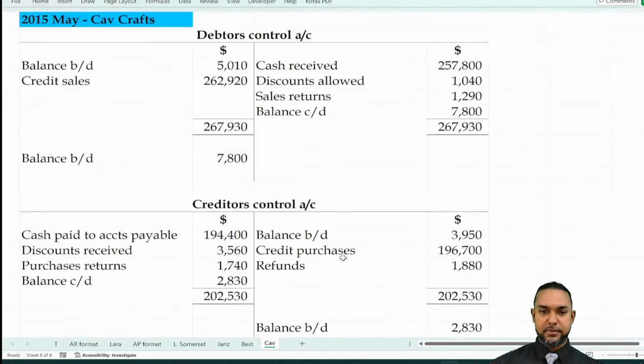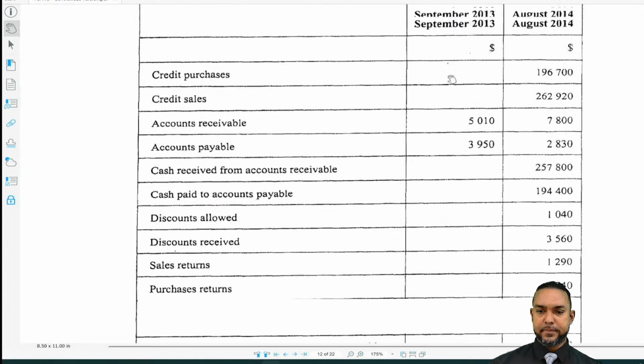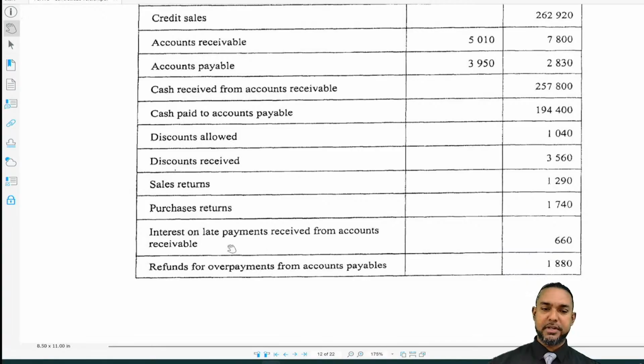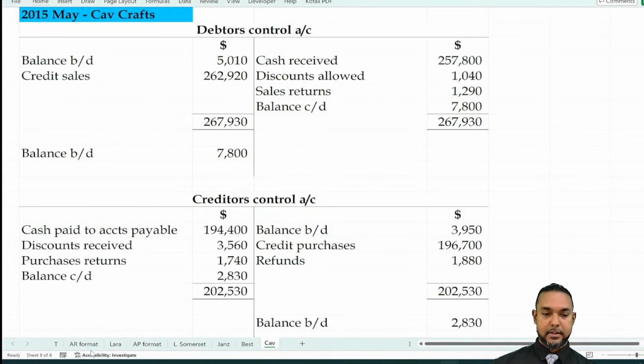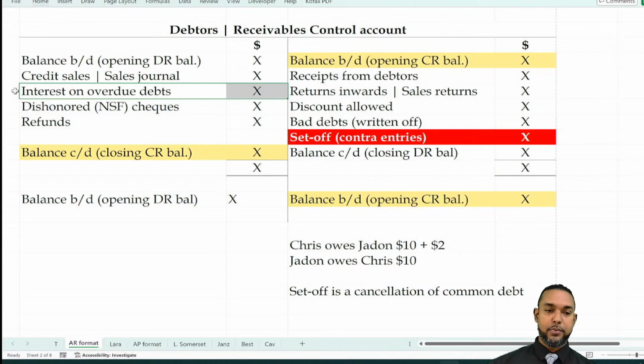Okay. Just for full disclosure, let me talk to you about the item I blanked out here. That was this item here, which was interest on late payments received from accounts receivable. Now, in our format, the interest goes here, which is when we charge interest for late payments. The charging of the interest and the receiving of the interest is not the same thing.